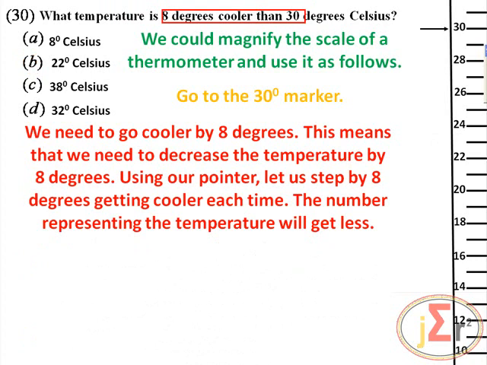So we are at 30 degrees Celsius, and we need to get cooler by 8 degrees. We need to decrease the number representing the temperature. Therefore, we need to go down each time. The number should be getting less.